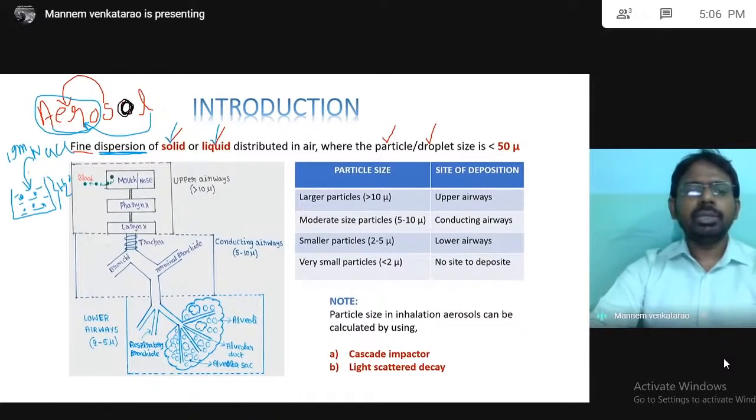One component is uniformly distributed throughout the other component. After formation of a dispersion, the particle size must be reduced to less than 50 microns. If it is 50 or greater than 50 micron, this particle is observed by naked eye.